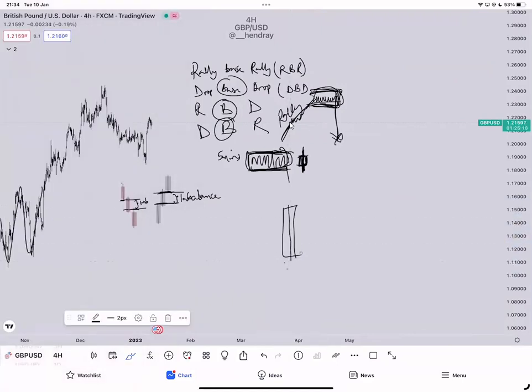You now see a base candle beside it, and then you see another drop. So we have a drop, a base, and a drop. Okay, now what do you notice?